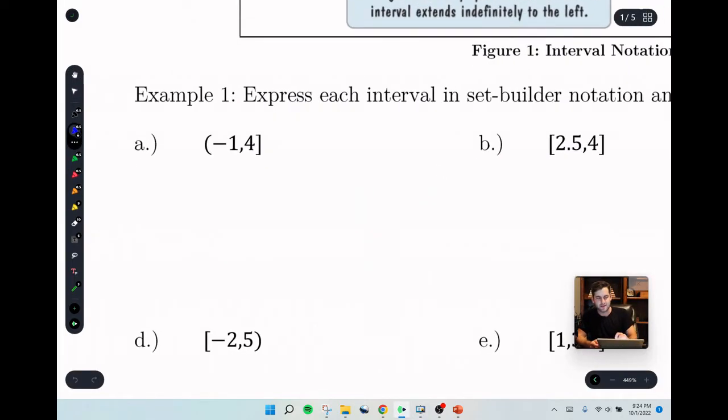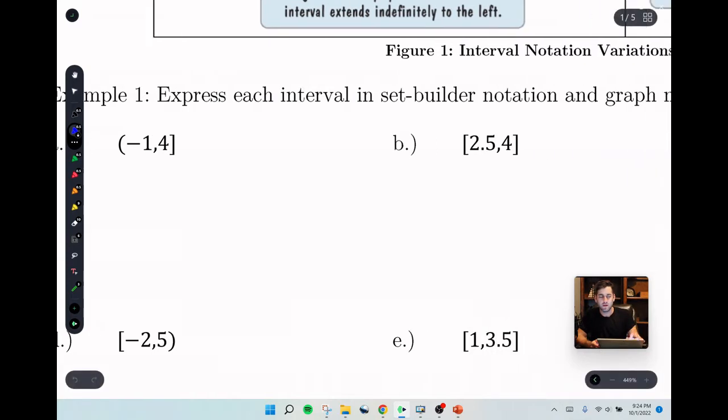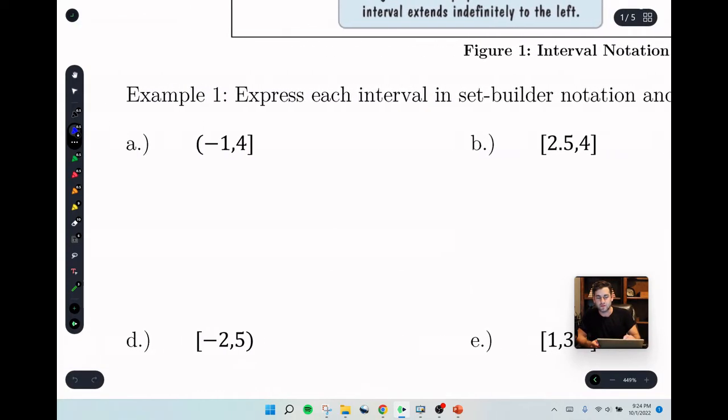So we're looking at this thing, and it says express each interval in set builder notation and graph notation, which means it's already been put into what's called interval notation. Okay, so when we're going to convert it to set builder, we're going to just draw these squiggly brackets like we put all our answers in, the sets of numbers. We're going to write x, and we're going to say, okay, what is x in between? X is in between -1 and 4, right?